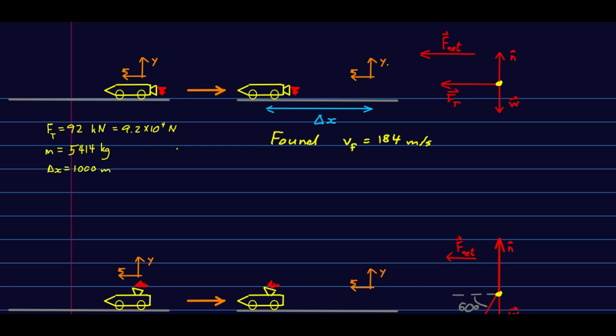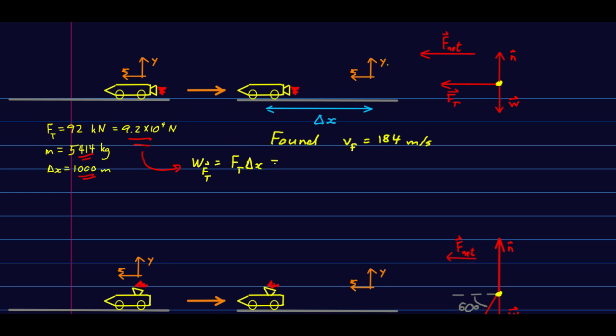In the last lecture, we looked at this case with a rocket car going down the runway, and we knew the thrust due to the rocket engine, and we knew the mass of the rocket car, and we knew how far it was going. And we found that the work done by the thrust was just that thrust times delta x.